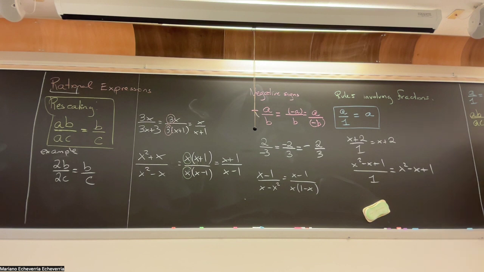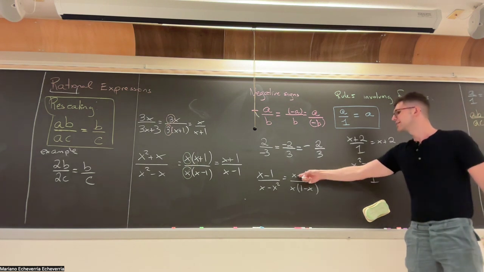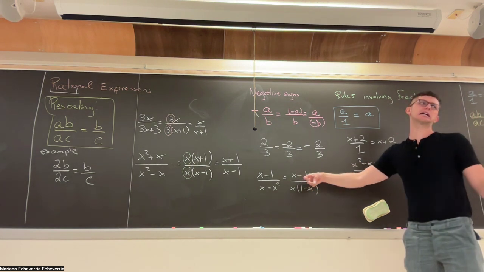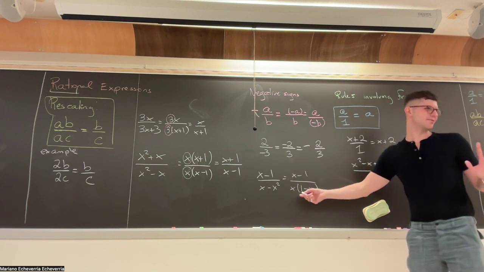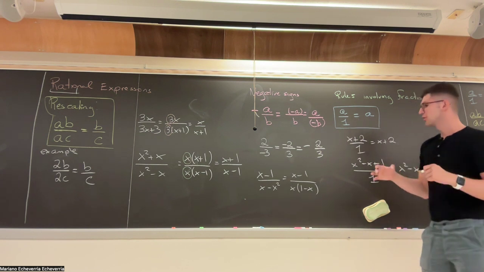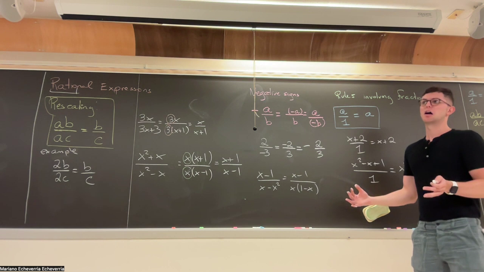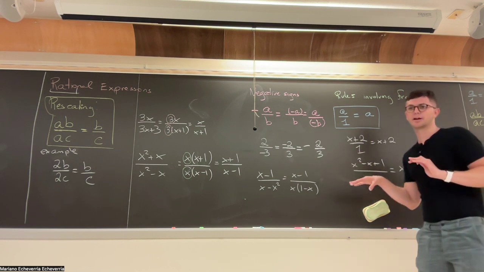But now what's interesting is that the numerator x minus 1 and 1 minus x are almost the same. They just have the opposite, the incorrect signs. So this can be simplified, but you have to do a little bit extra work.